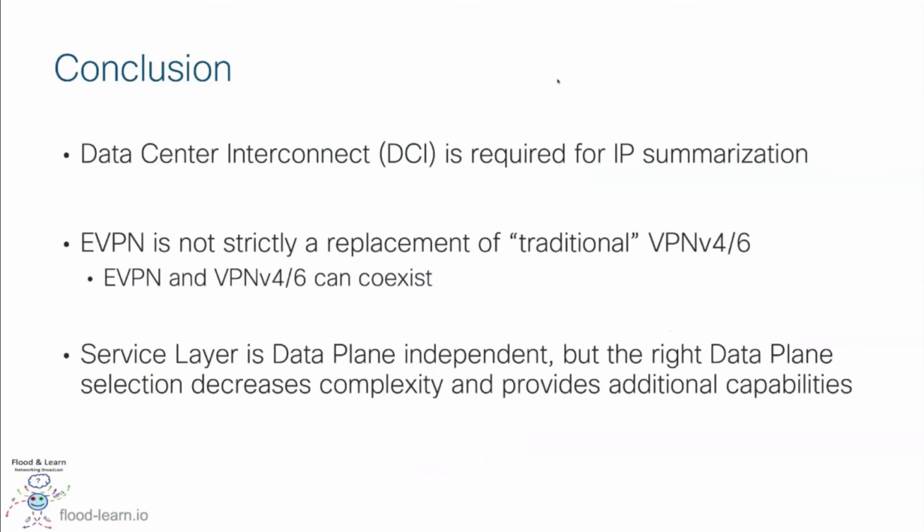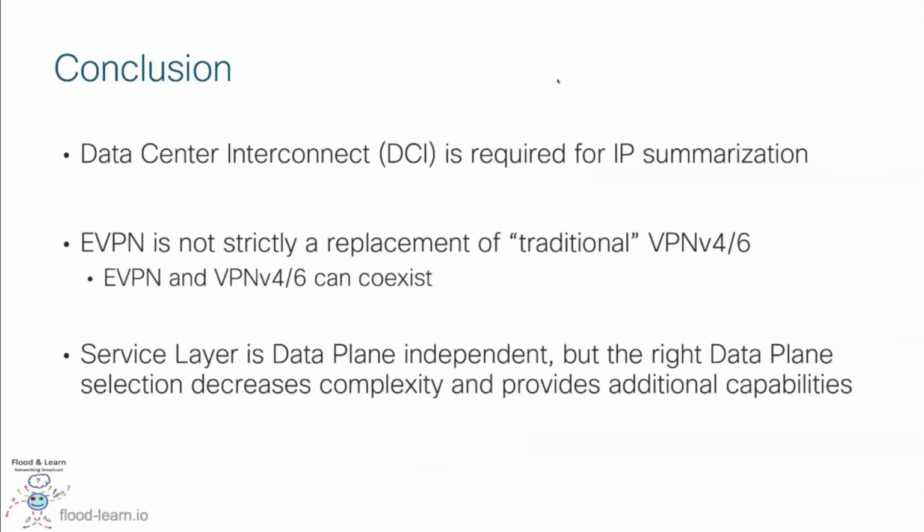The service layer is data plane independent. As we learned, for example for MPLS and SRv6, when we are using segment routing, it doesn't matter from the data plane point of view whether I'm using EVPN or VPNv4, VPNv6. But at the same time, the right data plane selection can provide additional capabilities, as we discussed.